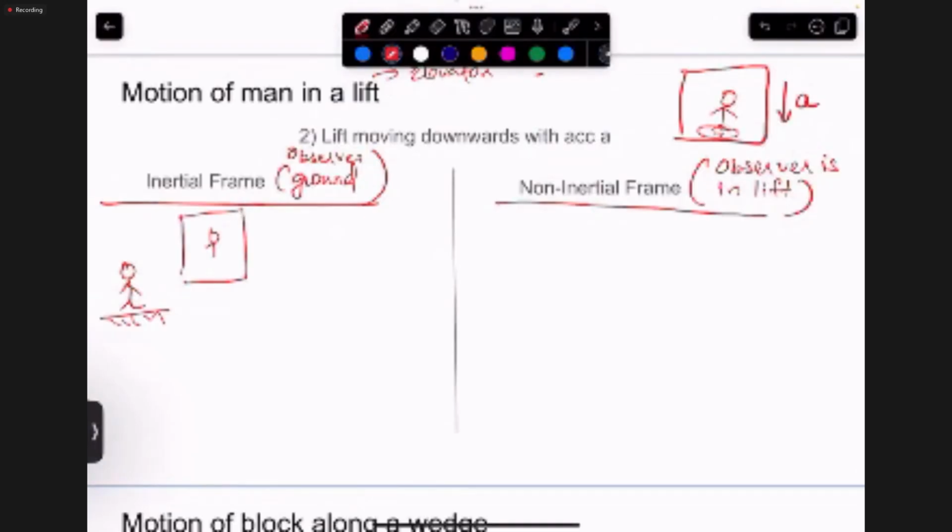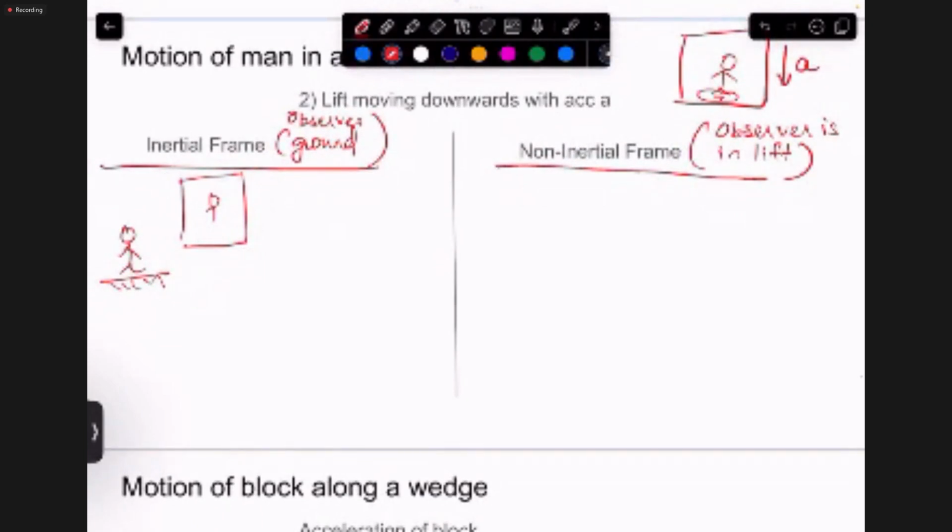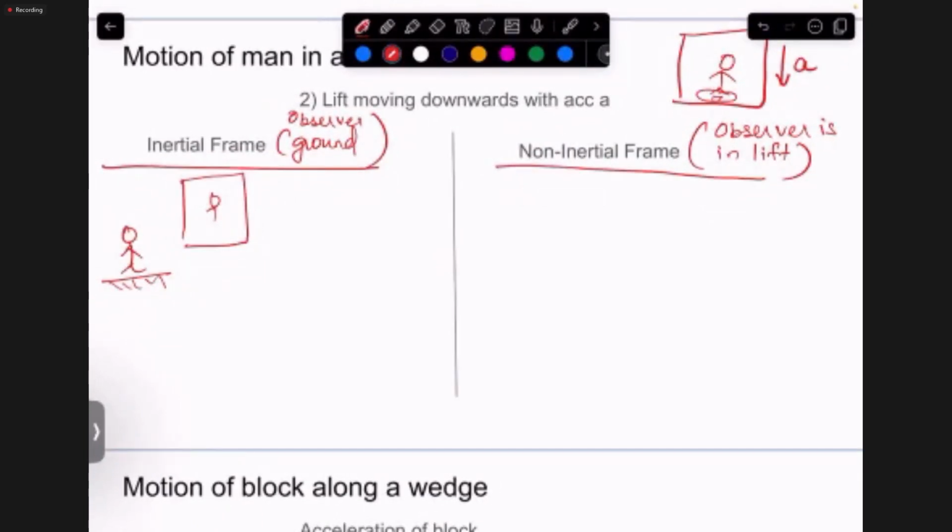So we were discussing the lift moving downwards with an acceleration of a. For the inertial frame, this man is moving downwards with an acceleration a, and this person has a weight mg acting downwards and N acting upwards.